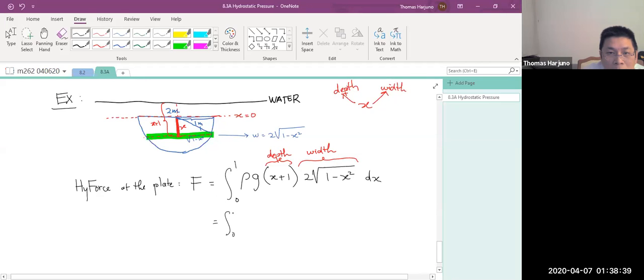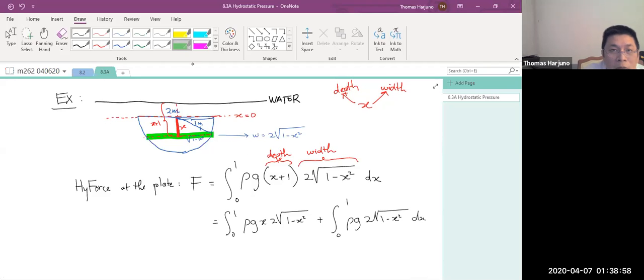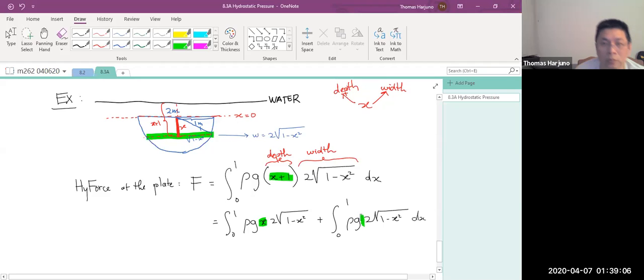This is integral 0 to 1 of rho g x times 2 square root of 1 minus x squared, plus integral 0 to 1 of rho g times 2 square root of 1 minus x squared. I basically distribute the 1 against this thing here. Now, one of the main reasons I distributed is because this is something we have done earlier.